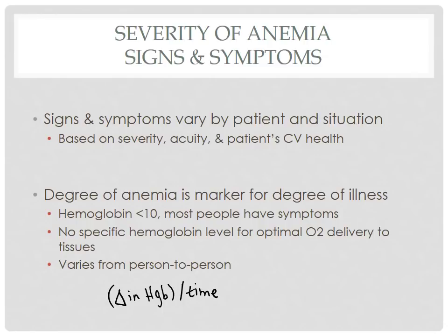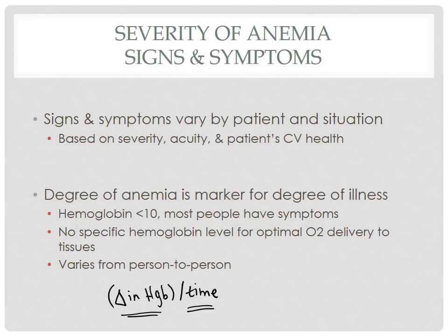So it's important to remember that if there's a quick drop in this hemoglobin, a very fast change over a very short period of time, the person's going to have very drastic symptoms because they're not able to compensate quickly for that loss. However, if you have a very slow drop in hemoglobin over a very long period of time, the patient may have minimal to no symptoms because their body is able to compensate.